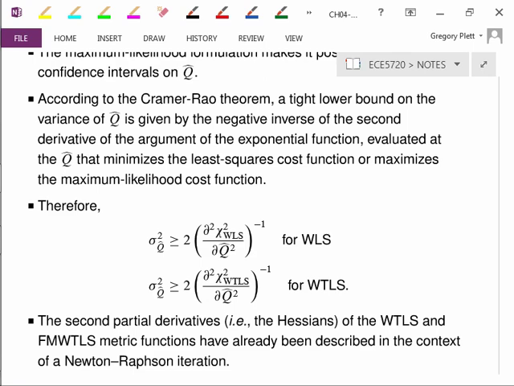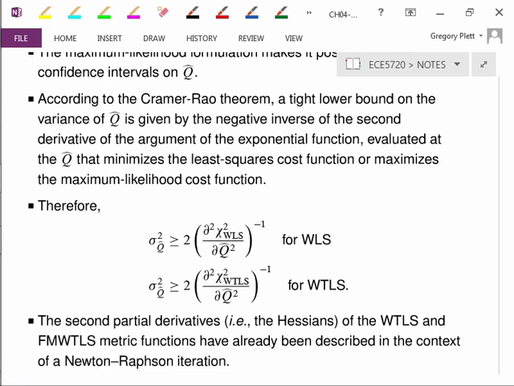So it says, I'm going to give you a number, and that number is less than the variance of Q hat. It's kind of the most optimistic guess as to what the variance of Q hat is for you to do error bounds. So your error bounds are actually going to be worse than the number that I give you, but most of the time it's not going to be a lot worse. It's a tight lower bound. It's not a loose lower bound.